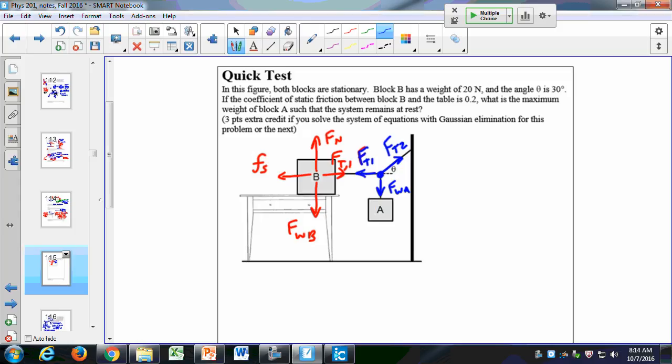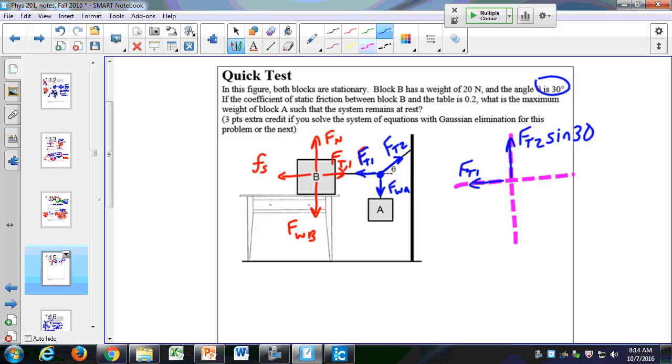Okay, now I'm not going to worry about redrawing the one on the left, but let's redraw the one on the right because it has a force vector that is not on axis. So this is FT1. This is going to be FT2. I give the angle here, 30 degrees.